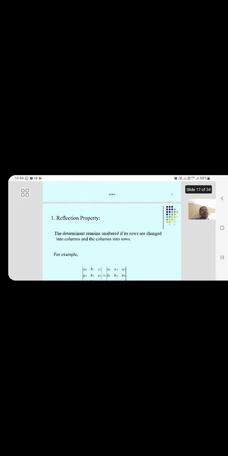The number value is very low, so that the calculation part is very easy. So simplify the determinant. And next, here see the property. Here we can say the first property, reflection property. The determinant remains unaltered if its rows are changed into columns and the columns into rows.